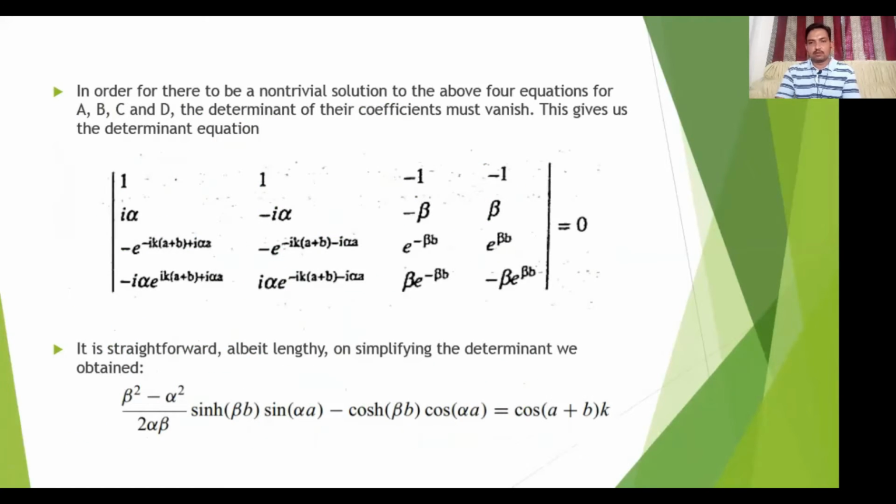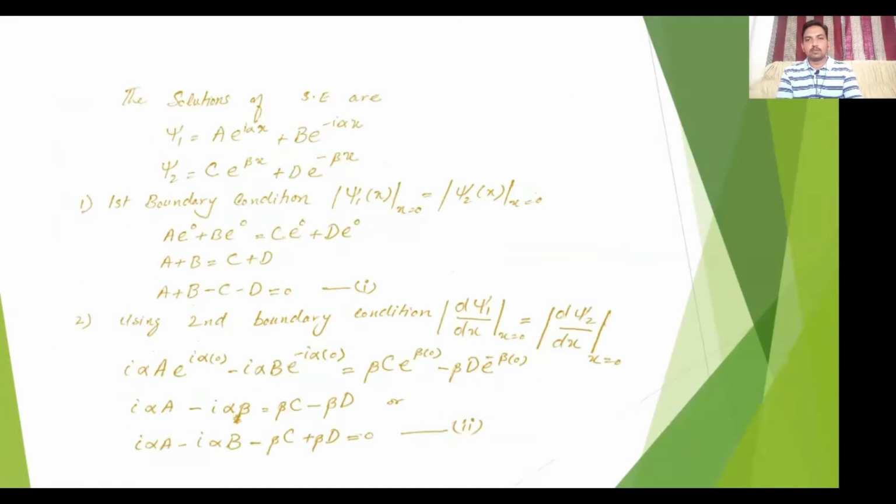So you can find the non-trivial solutions of all these 4 equations by taking their determinants. So put the coefficients of a, b, c, and d in the determinant. From the first equation, you have a plus b minus c minus d. This is equation 1. So your coefficients are 1, 1, minus 1, minus 1.